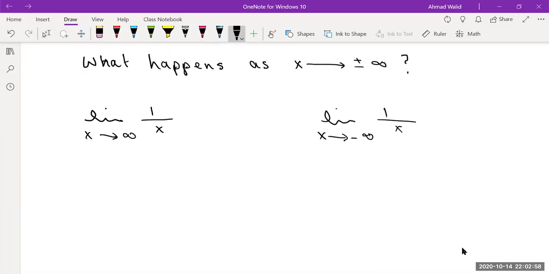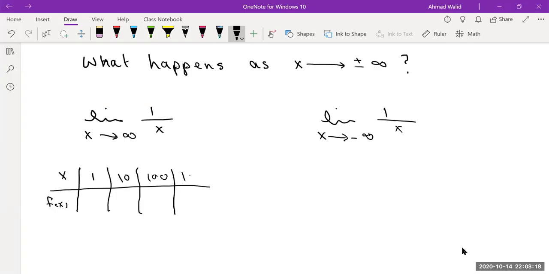To find the correct answer, let's use the table method. Here x, here f of x. Let's plug a few points into our function and see what the function does. For example, 1, 10, 100, and maybe 10,000, or maybe a million, whatever.